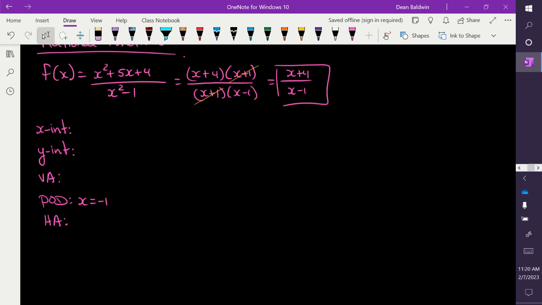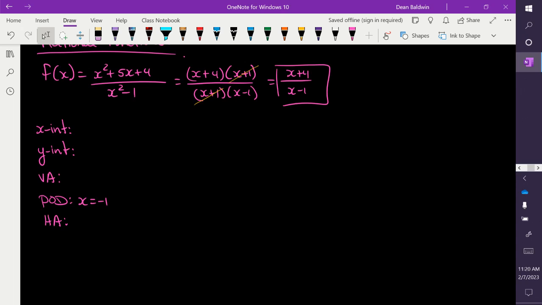Point of discontinuity, hole. It's just a hole in the graph, an open circle. It's called a point of discontinuity, but that's too many words, so we just say POD. So to get what the POD is, it's whatever factor cancels and makes that 0. So x is equal to -1.